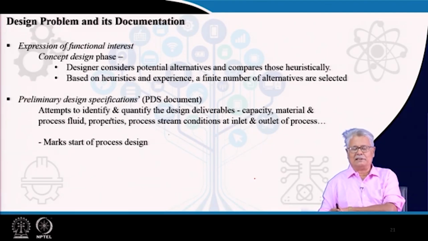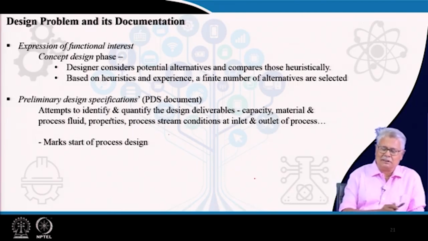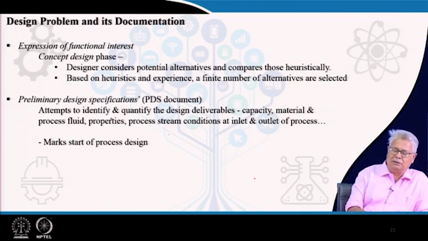Based on the heuristics and experience, he decides finally a finite number of alternatives. Now, based on these, at this particular point, a preliminary design specification, which is much more detailed than the functional interest and is typically called the PDS document, is produced.